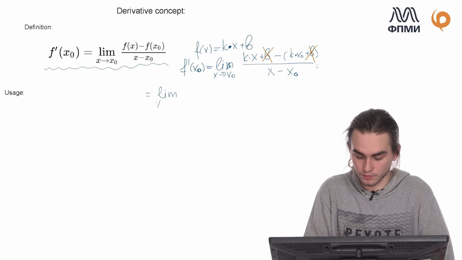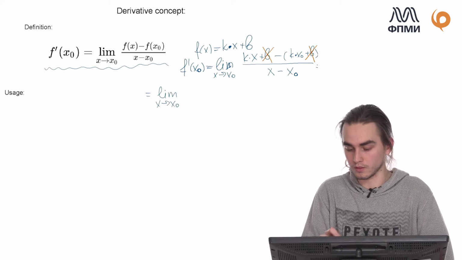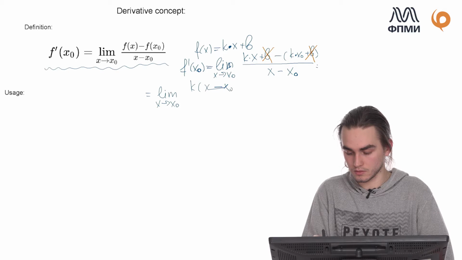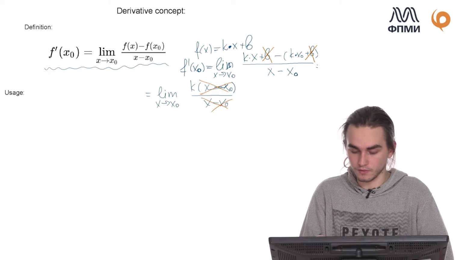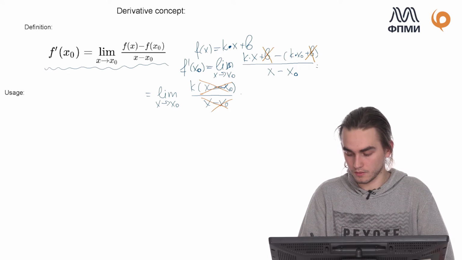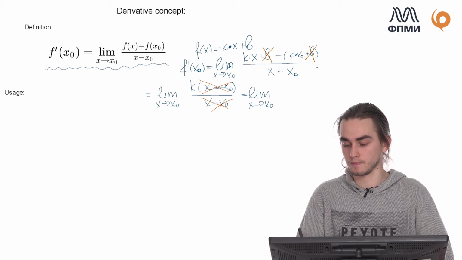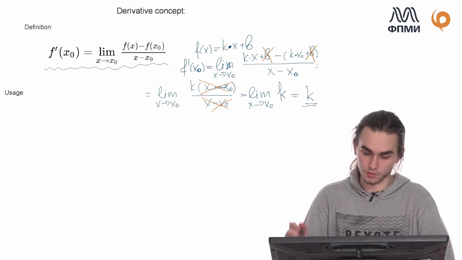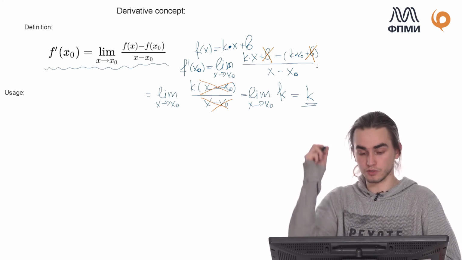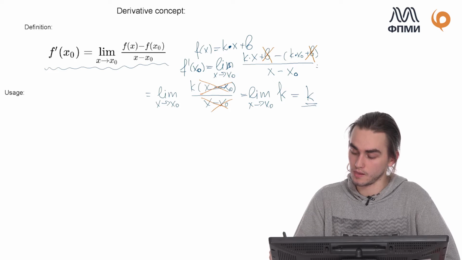It will look like this. So then you cross out some more stuff, and there it is, the limit of the constant which does not depend on x. It's just this constant, so it's k. So f prime by definition of the linear function is the tangent.